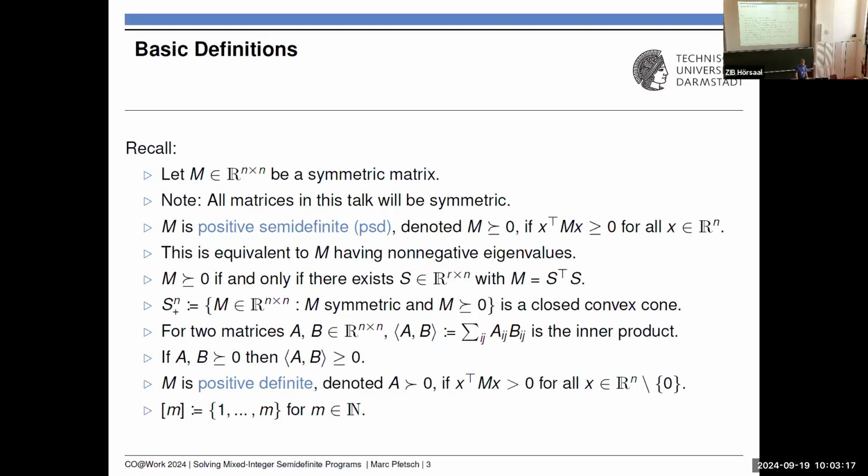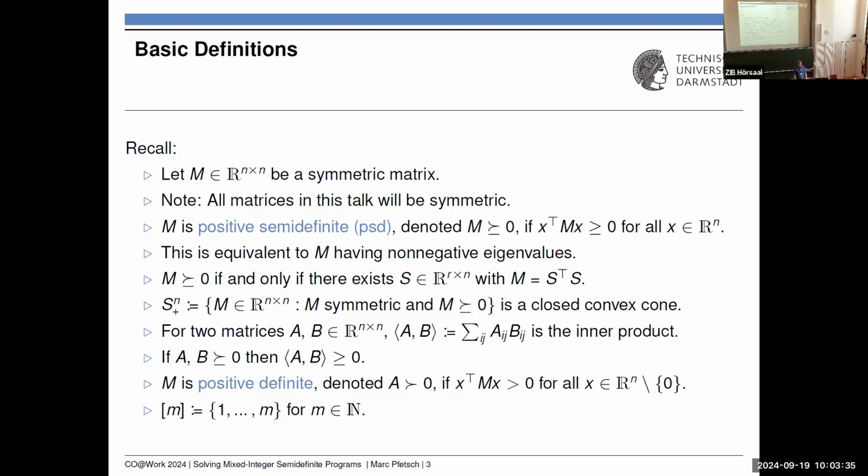Then the set of all such symmetric positive semi-definite matrices M is a closed convex cone, and this is why we are in the convex realm.